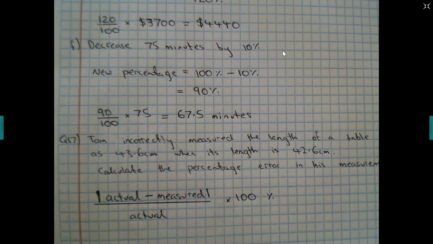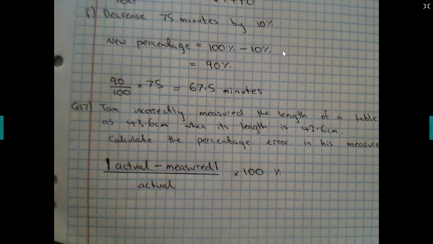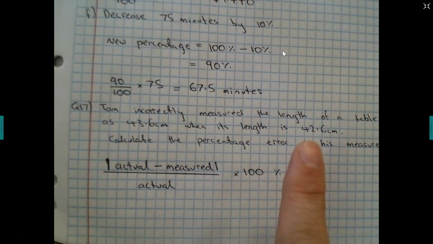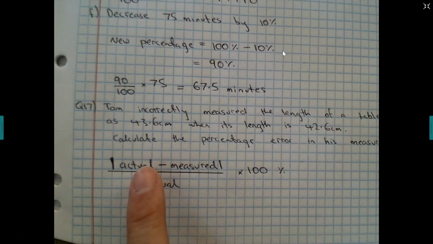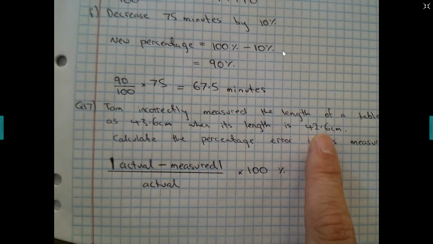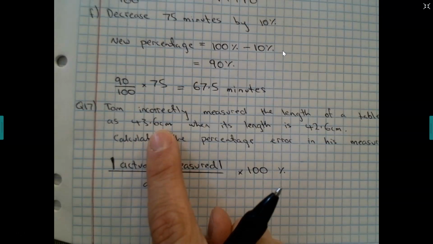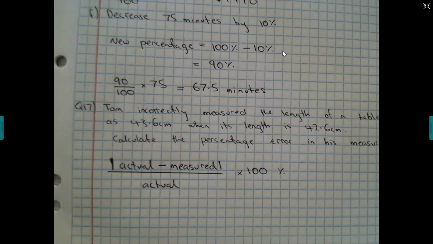Alright, what does that all mean? So, if I want to work out what the error in his measurement here is, I take the actual value, which is 42.6, I subtract away the measured value, which is 43.6. Now, if I do that subtraction, am I going to get a positive or negative number? If I go 42.6 minus 43.6, negative.